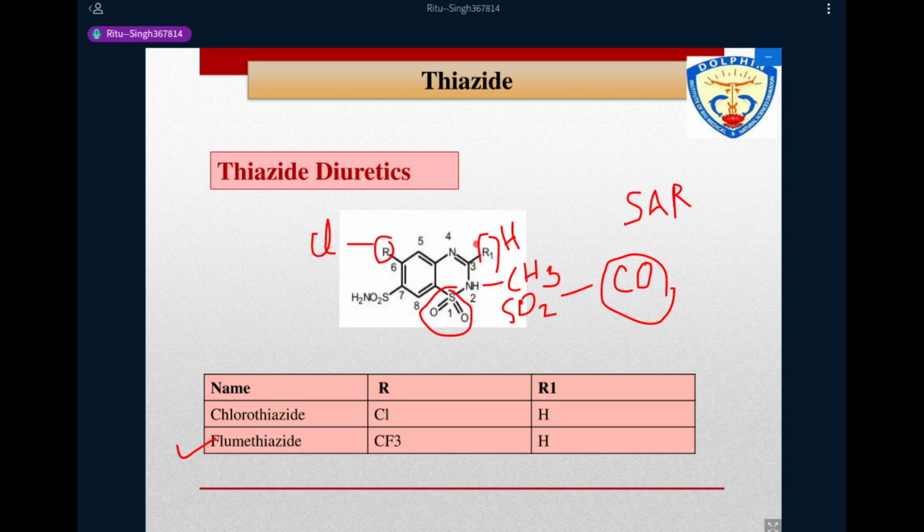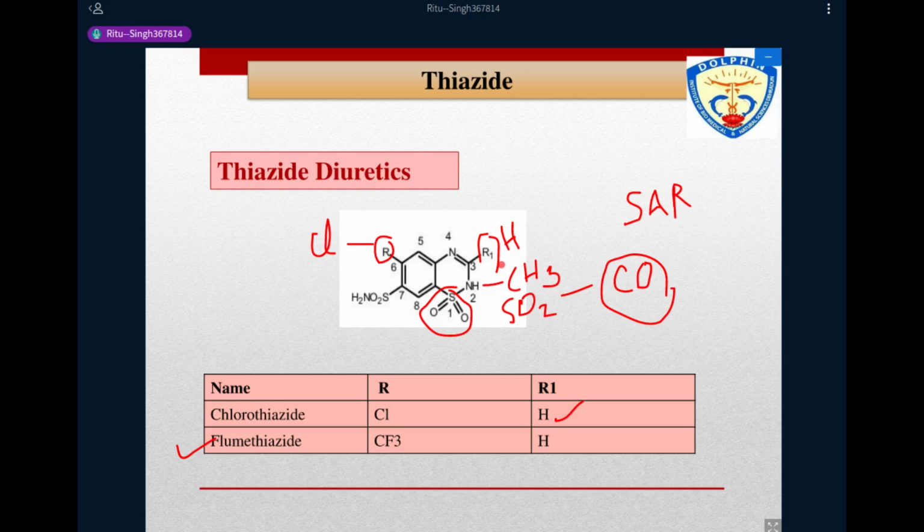Now we discuss the third position. At the third position, the R1 group is attached. The R1 group, like the H atom in the structure of chlorothiazide, is attached at this place. At the third position, hydrophobic groups are added to increase the diuretic activity.